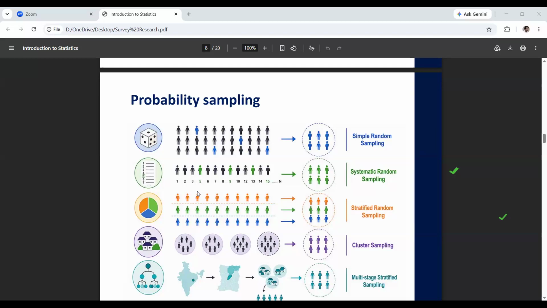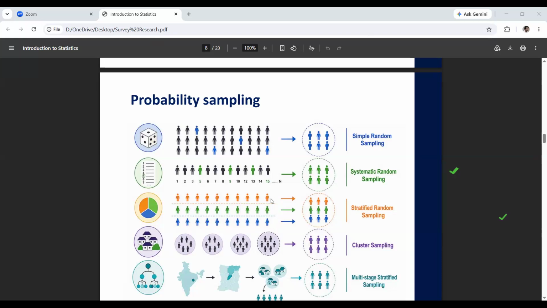So suppose I am moving the cursor, this orange color में जो आपको pictogram दिख रहे हैं, suppose these belong to SC community, these belong to ST community, and these belong to OBC community, or these belong to SC plus ST, this OBC, and this is for none of them. And their share in the population is 33%, 33%, 33%.